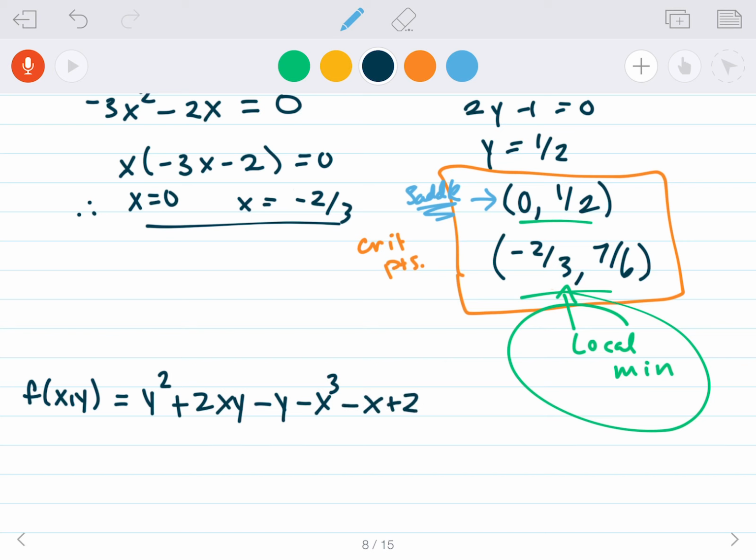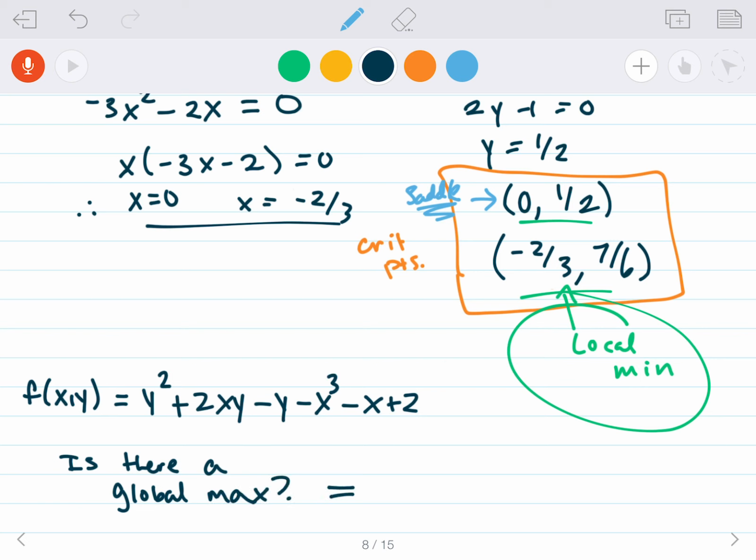And the question you want to ask yourself, for whether there's a global max, is there a global max?